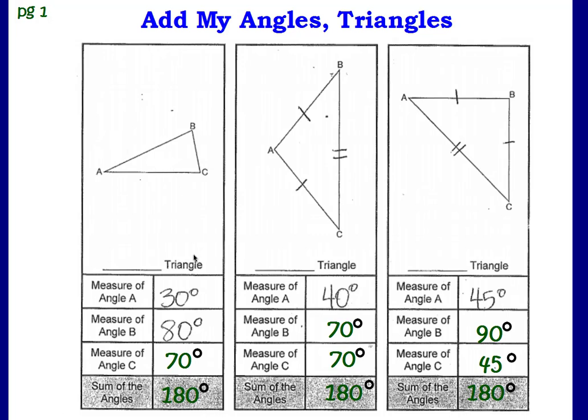Okay, if you look at the first triangle, we're given that the measure of angle A is 30 degrees, and the measure of angle B is 80 degrees. Well, if you add those together, that's 110. Subtract from 180, and you get 70 degrees. The measure of angle C is 70 degrees. All three angles are different, so this could be classified as a scalene triangle.